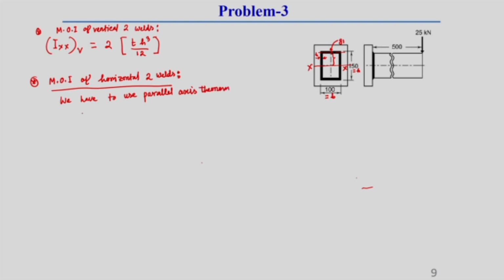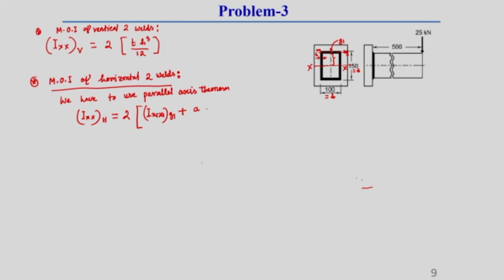So, what should be the Ixx of this horizontal weld? Because there are two symmetric welds, we can say 2. So, 2 into the moment of inertia about its own axis, let this be your x1 axis, so I x1 or you can say g1 axis, plus the area of that weld A into the perpendicular distance between this x axis and this x1 axis.